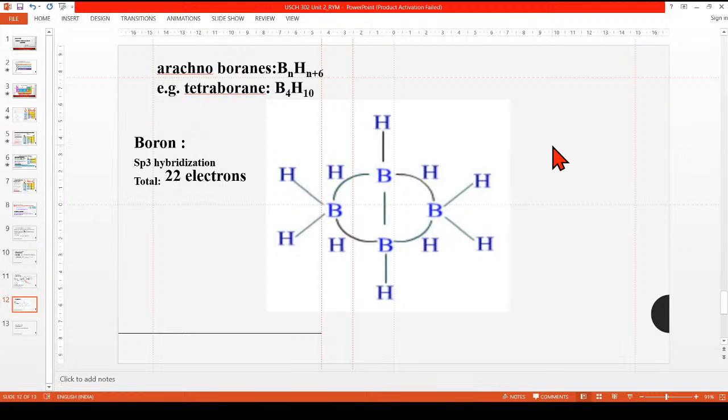Now in this case, if you see the structure of tetraborane, the bonding is a little different from your diborane.